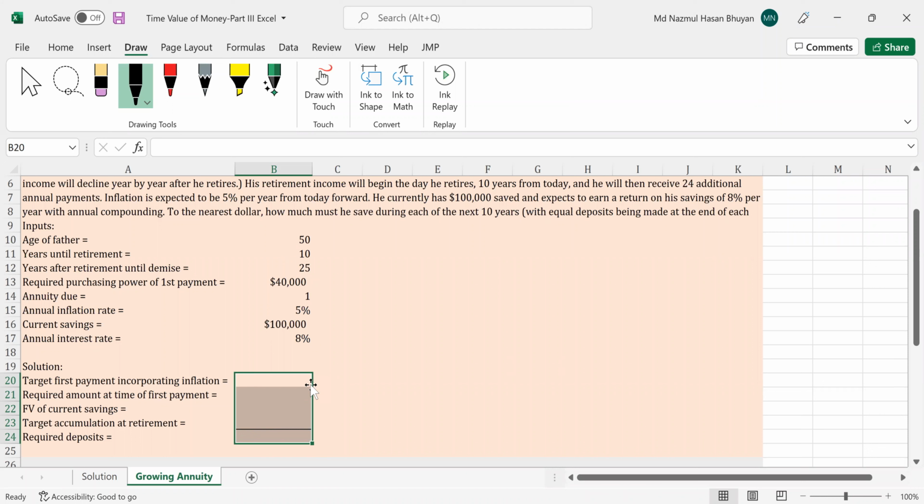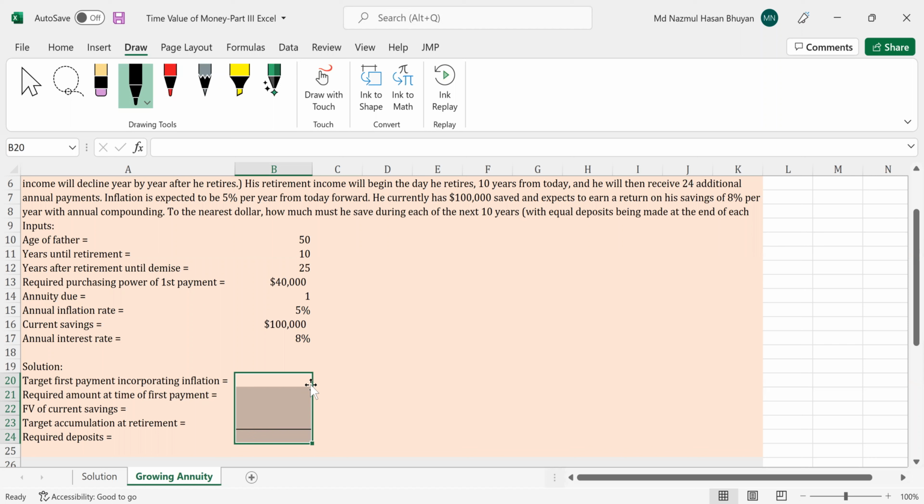And then his first retirement payment should be the current value of $40,000, and the inflation rate is expected to be 5%. And then he's going to receive his retirement payments at the beginning of the time period, not at the end of the time period. So it is an annuity due formula, not ordinary annuity formula.